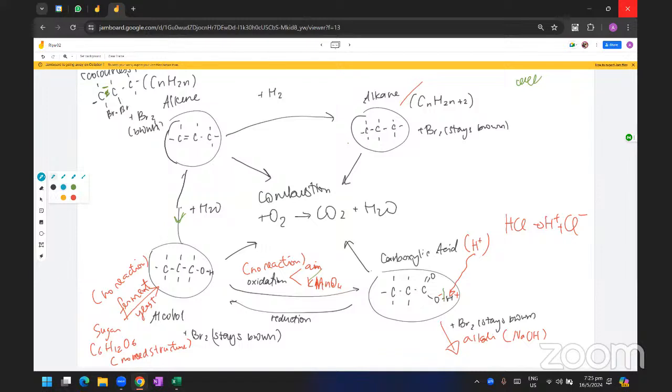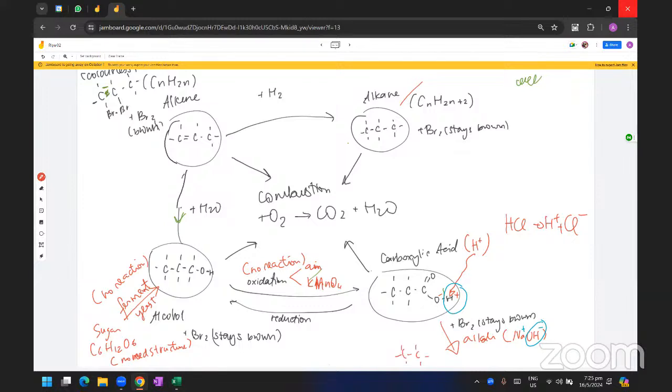This tells you how it will react with NaOH. The H+, and this is Na+, OH-. This will be the reaction between carboxylic acid and this alkali NaOH. Am I making any sense? As a result, you need to be able to write down the result.